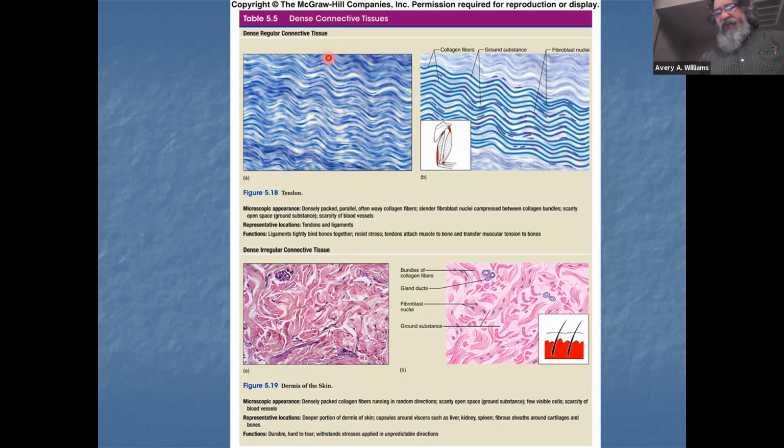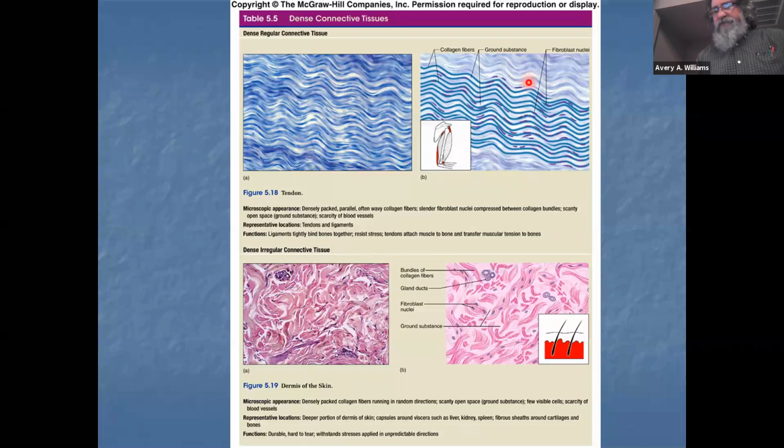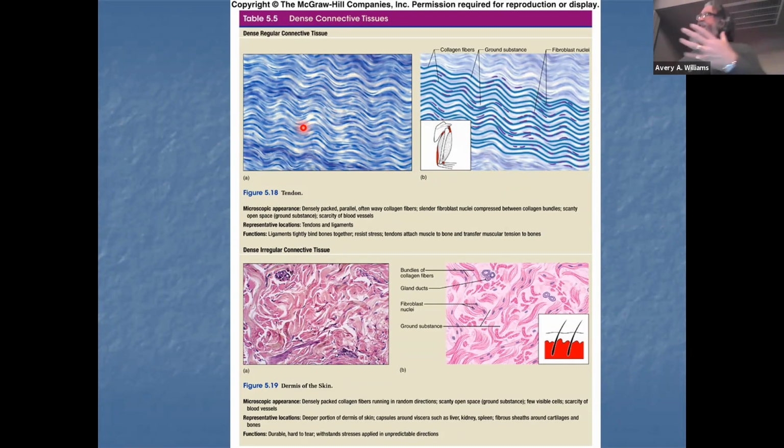And the cells that are in the matrix would be the fibroblasts, the cells that are making and sustaining the collagen fibers. And so you have the collection of all these collagen fibers running in the same direction. Remember, they're tough, they're heavy duty.